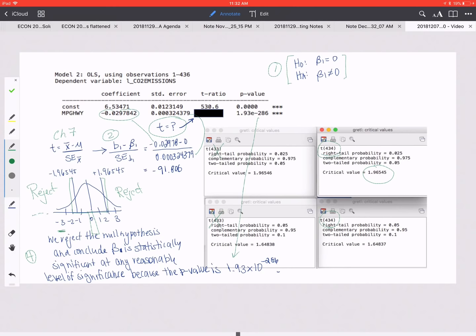You could also say we reject the null hypothesis and conclude beta 1 is statistically significant because the calculated t-statistic is negative 91.806, which is less than the lower critical value, negative 1.96545.